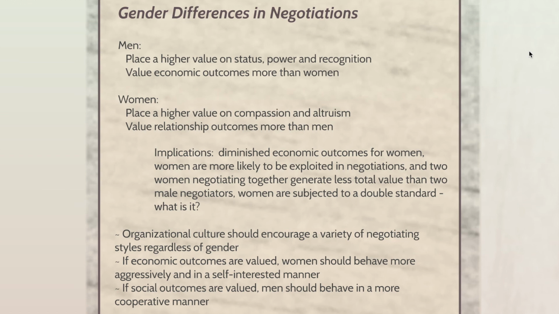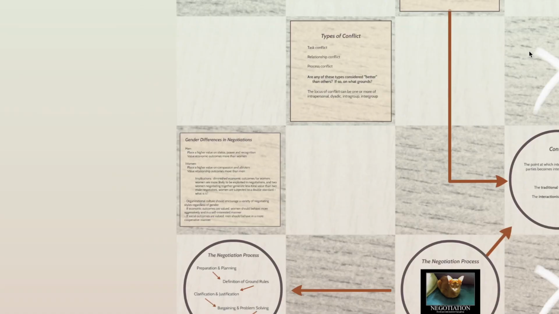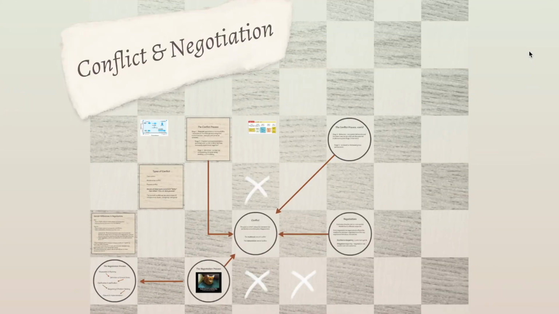So if economic outcomes are valued, women should behave more aggressively and in a self-interested manner, or you may choose to have a man engage in those negotiations. If social outcomes are more valued in the particular negotiation, men should behave in a more cooperative manner, or you might choose to have a woman engage in those negotiations. And that is all I have for you on conflict and negotiation.